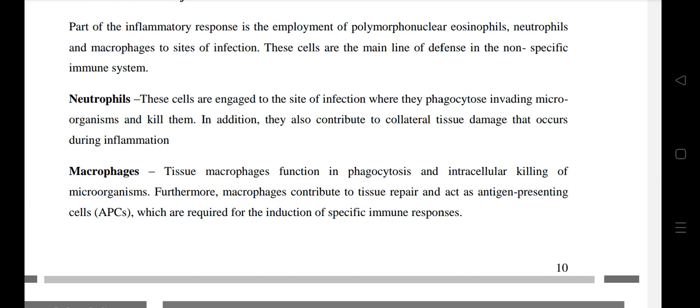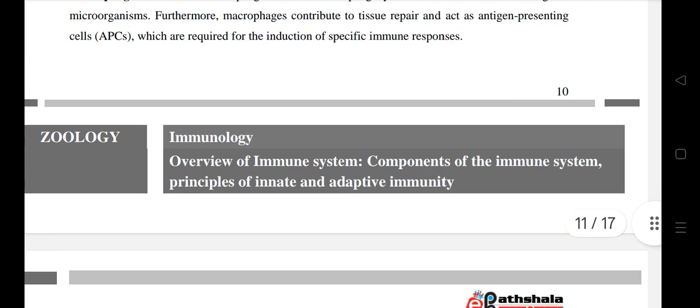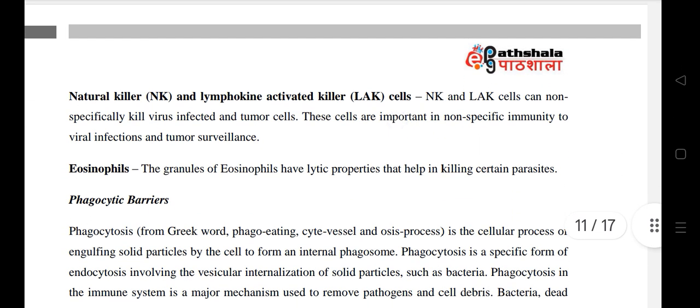Then macrophages. Tissue macrophages function in phagocytosis and intracellular killing of microorganisms. Furthermore, macrophages contribute to tissue repair and act as antigen presenting cells or APCs, which are required for the induction of specific immune response. And natural killer cells and lymphokine activated killer cells or LAK cells.